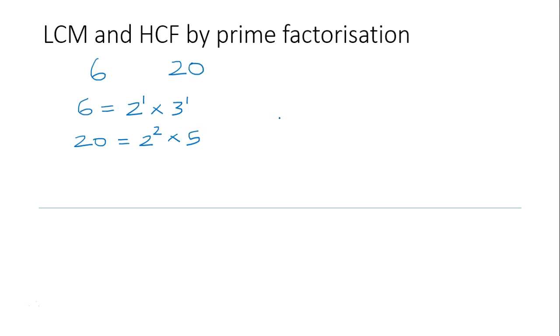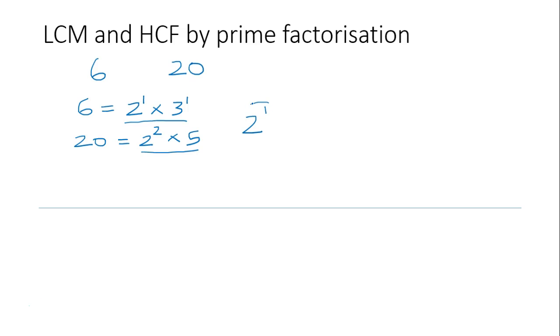To find the HCF, we first take all the factors that are common. If you look at these, you'll find that the only common factor is 2. We see that the smallest power of 2 among these two is 2 raised to 1, since it's 2 raised to 1 here and 2 raised to 2 here. So that's the number you have to take.